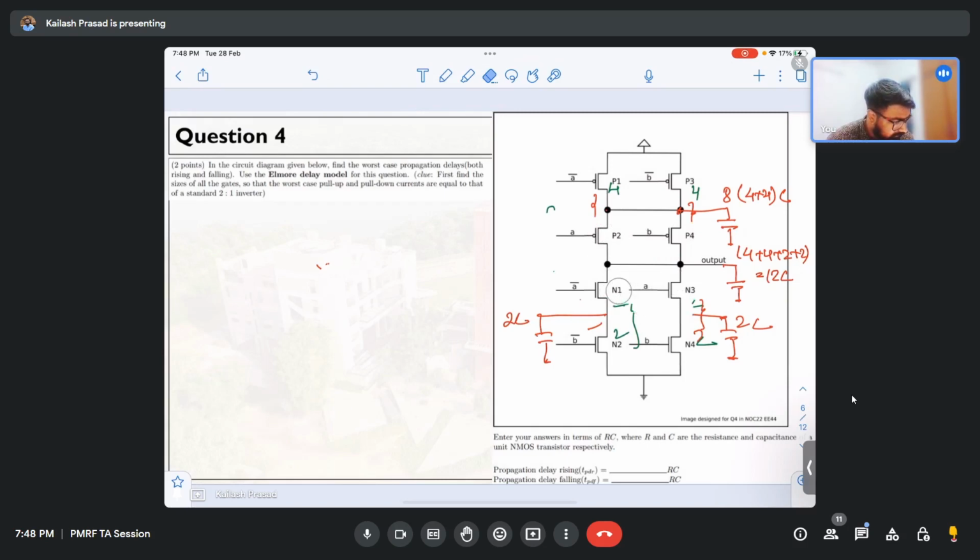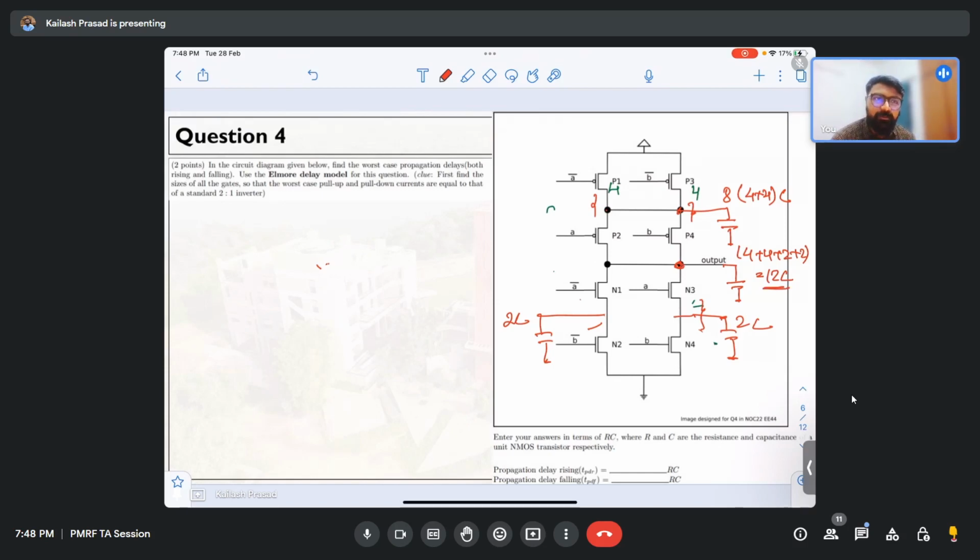How are you finding the worst case propagation delay? What do you mean by worst case propagation delay? This is the output node you are talking about. What is the maximum time for this capacitance to become zero? That is my worst case propagation delay.